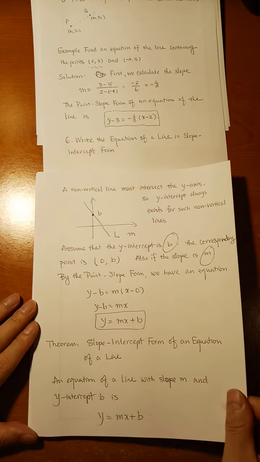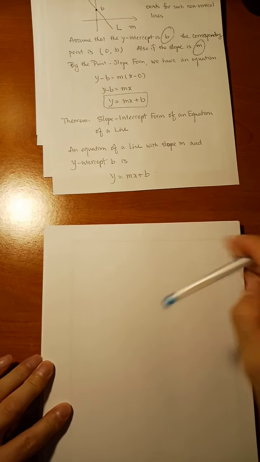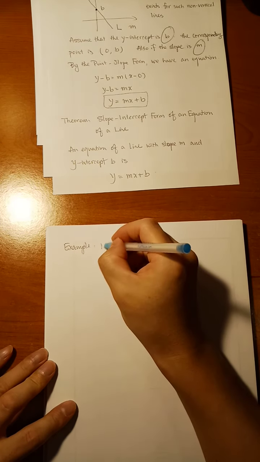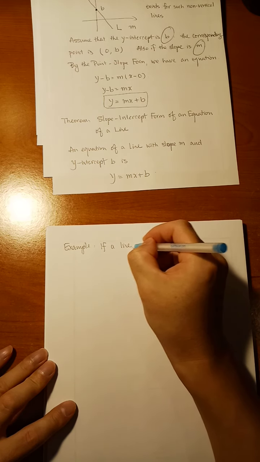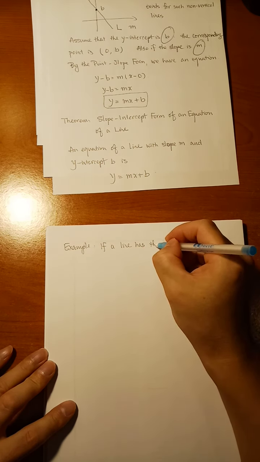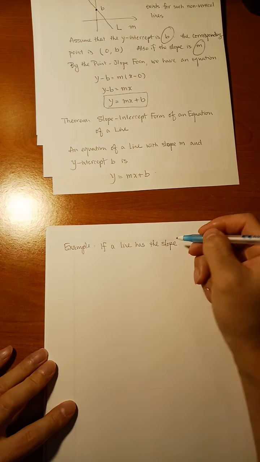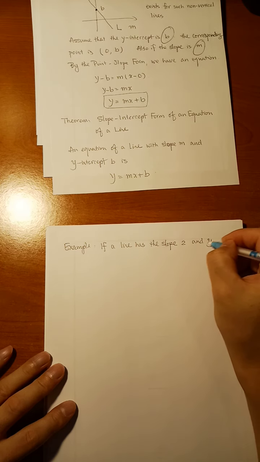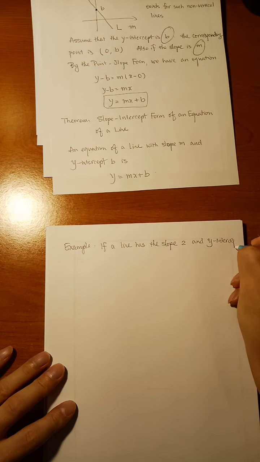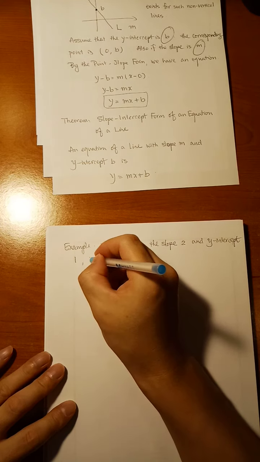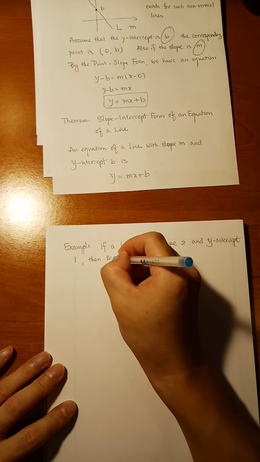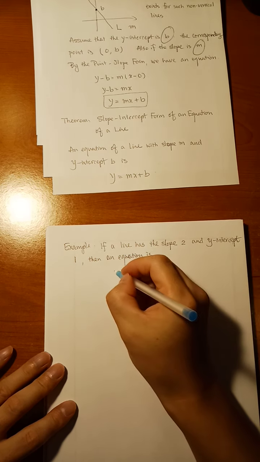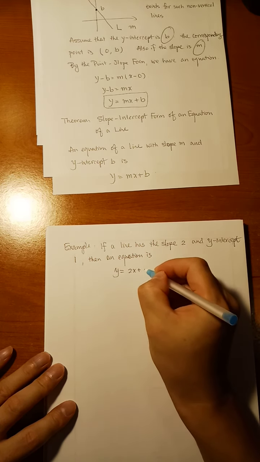Let's just see some examples. For example, if we have a line that has slope 2 and y-intercept 1, then the equation is y equal to 2x plus 1.